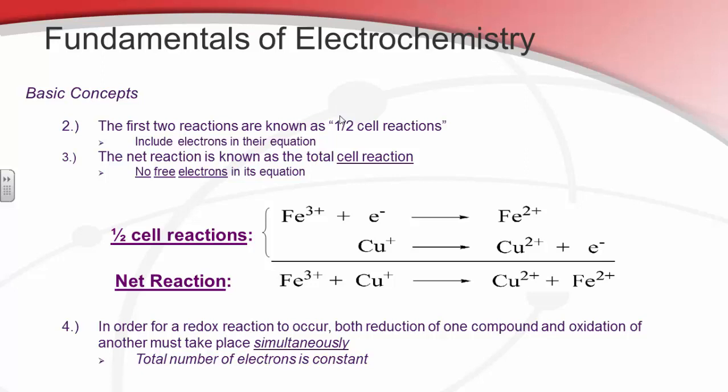So the net reaction does not have electrons shown explicitly. But we have to keep in mind that for a redox reaction to occur, both reduction of one compound and oxidation of another must take place, and the total number of electrons is constant.